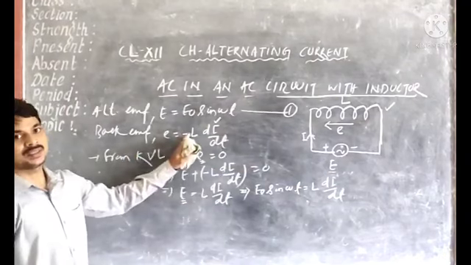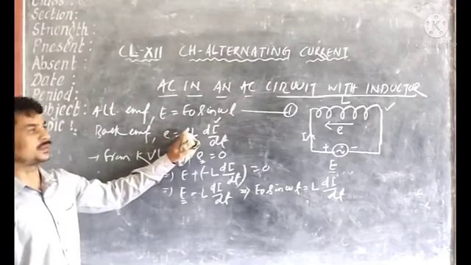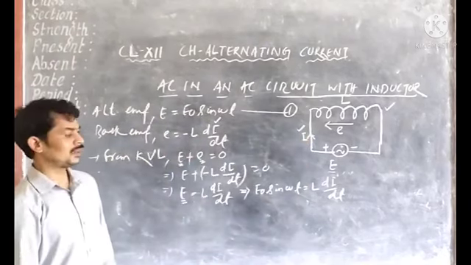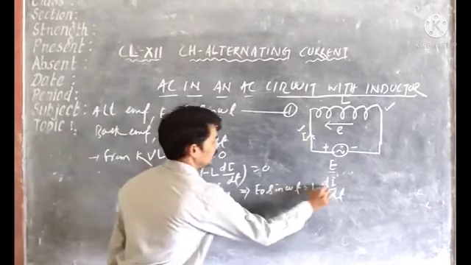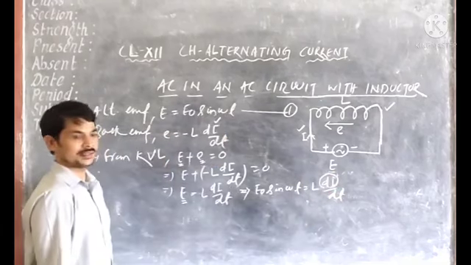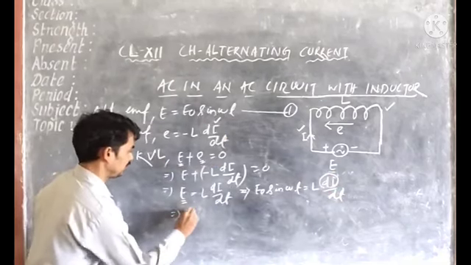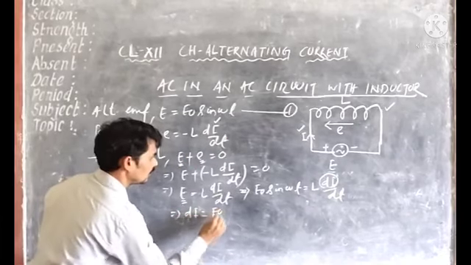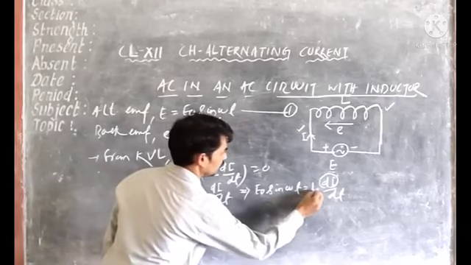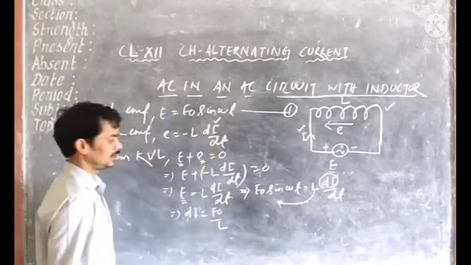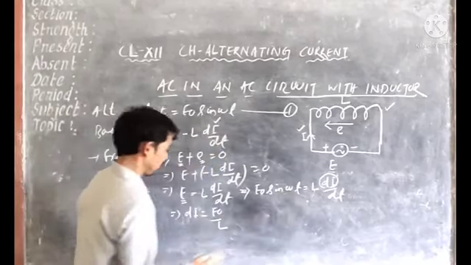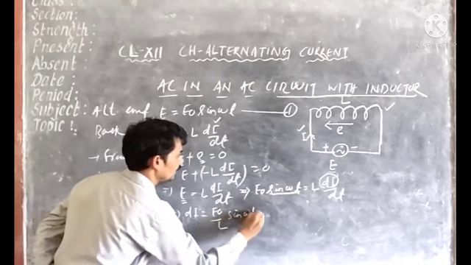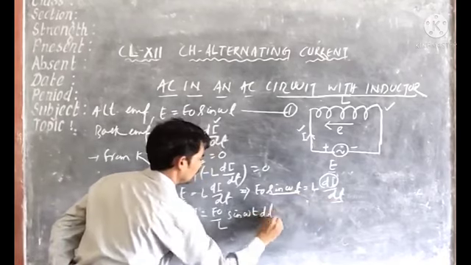And our aim is to derive the expression for this alternating current. So how can we derive this? Let's take this di on the left hand side. Then this implies di is equal to E naught divided by L, when you take this L to the other side, times sin omega t dt.